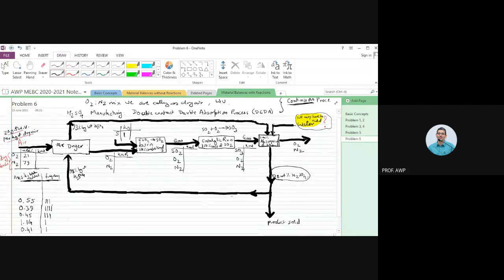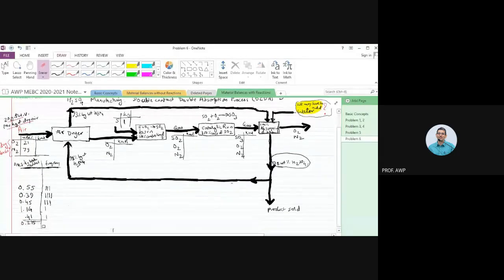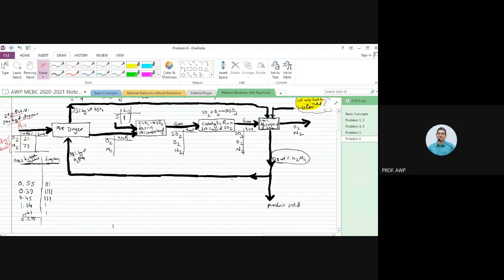Somebody who had got 0.41, maybe it is just some round-off error you are making somewhere. 0.408 is my answer, which rounds off to 0.41. Just check somewhere else. Have you made some mistake? Okay, sir. Slight mistake. It may not be something major.